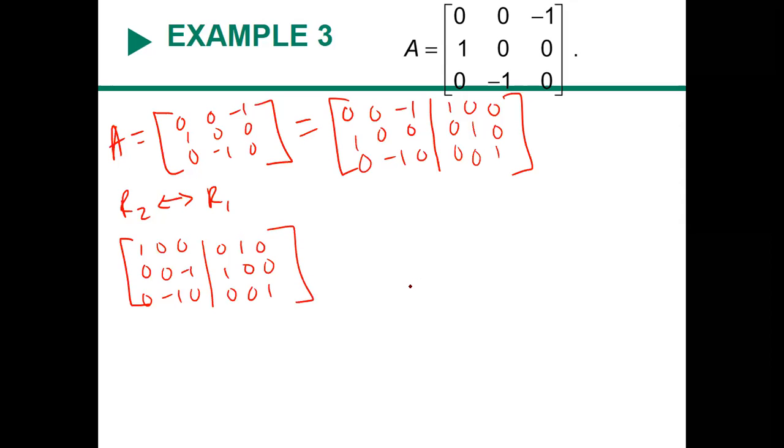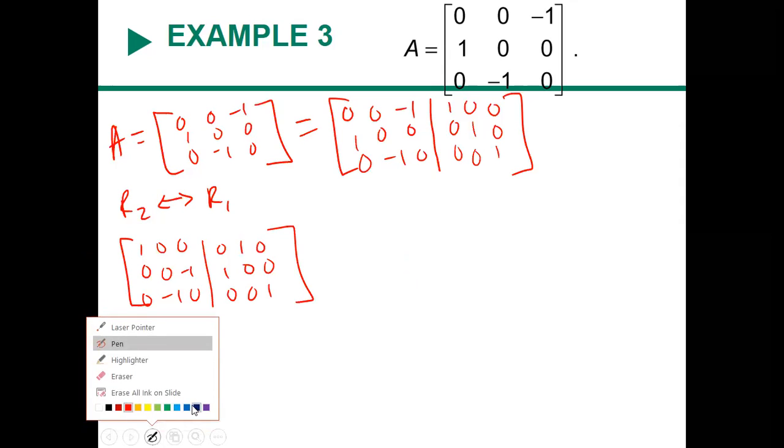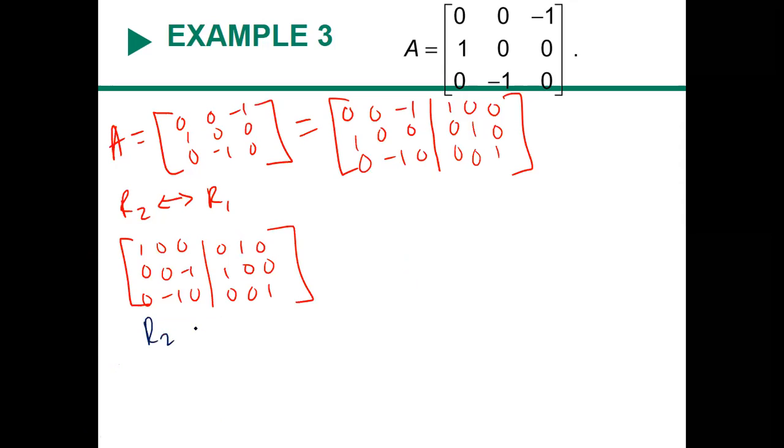Okay. A next quick move here would be to switch row 2 and row 3. So I'm going to switch row 2 with row 3. And when I do that, row 1 is untouched. And now row 3 is 0, -1, 0, 0, 0, 1.